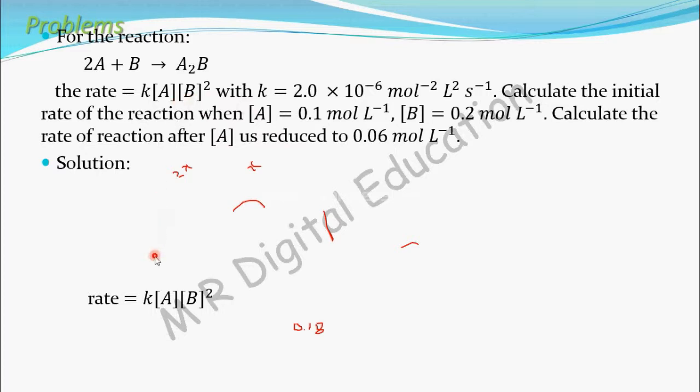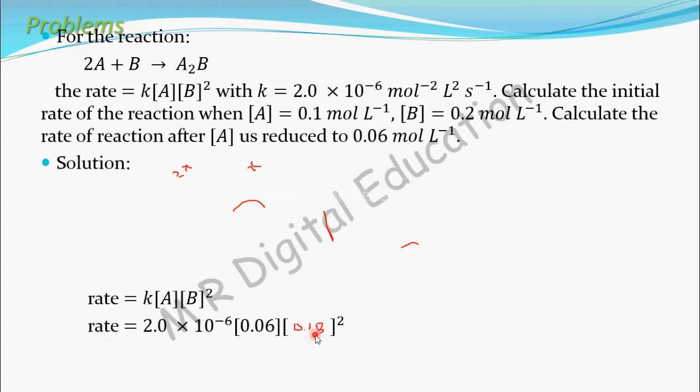Write down that rate law and substitute the value of K and concentration of A, that he gave as 0.06, but you don't know the concentration of B. This is the initial concentration, but when the concentration of A is reduced to 0.06 mole per liter, you don't know how much is the concentration of B. If you know the concentration of B, then you can calculate the rate. So let's try to find out this concentration of B.